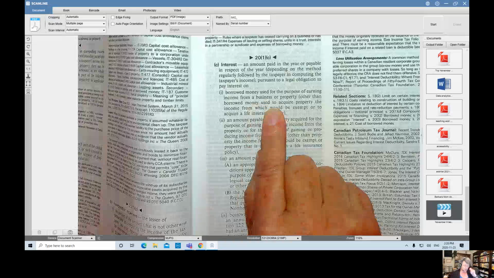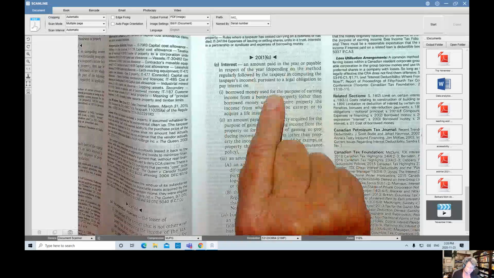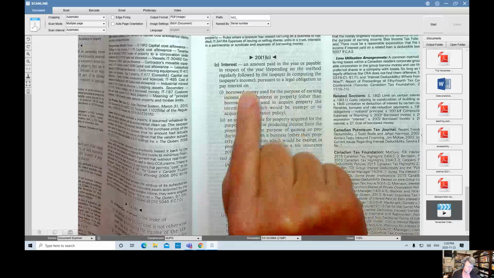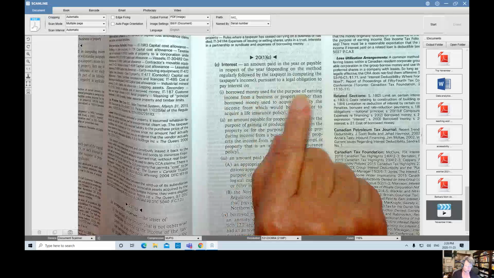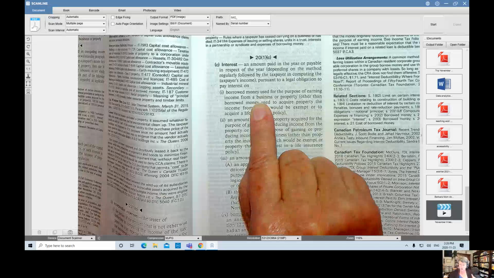Now, I would note here, we're allowed to deduct an amount paid in the year pursuant to a legal obligation to pay interest on borrowed money used for the purpose of earning income. It doesn't say anything about the security. So think about, for example, if you own your home and you borrow money using your home as security on the debt, and you invest that money, that interest will be deductible.